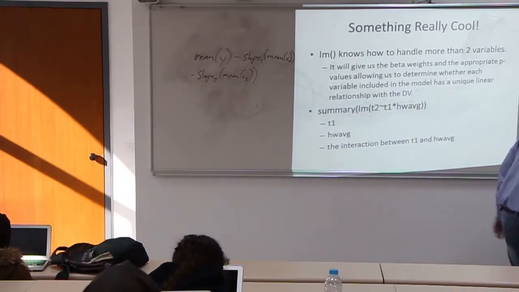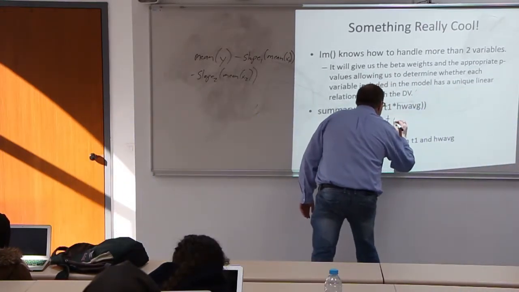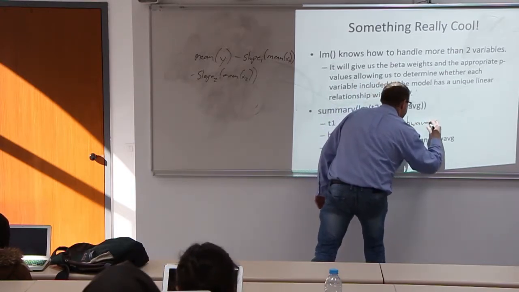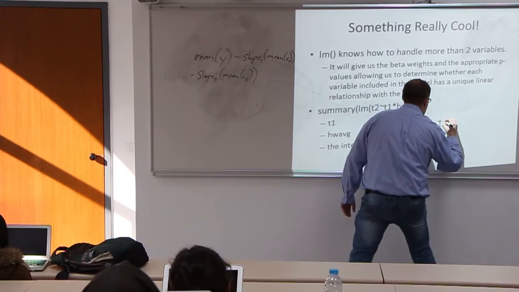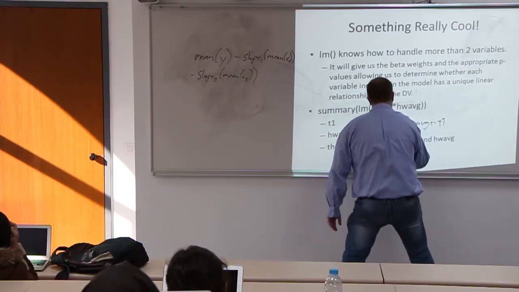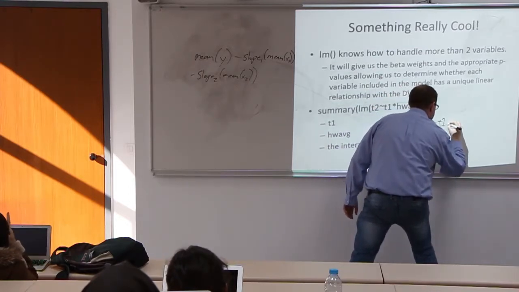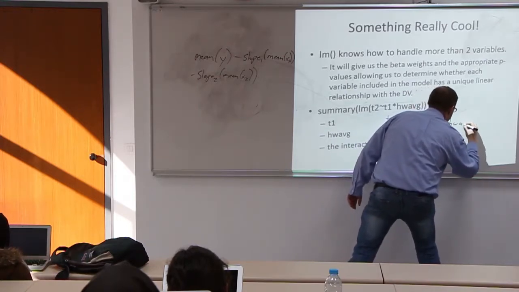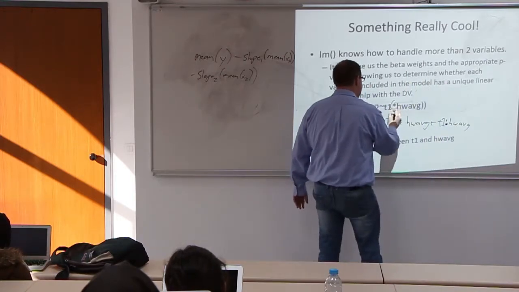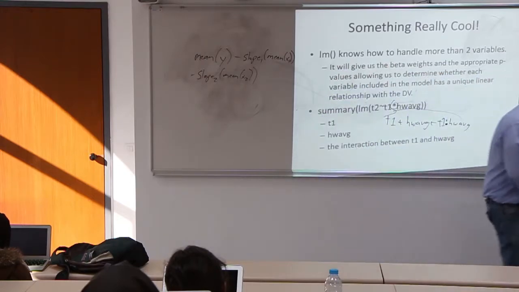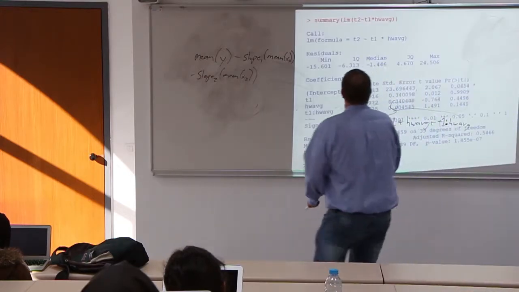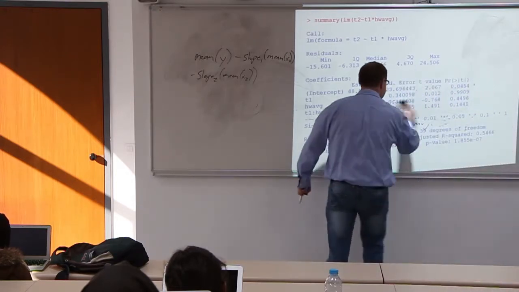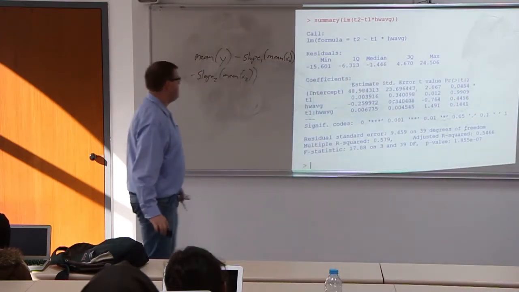We could say T1 plus homework average plus T1, sorry, those are 1s, colon homework average. But when we say this, it gives us all of this for us. Okay, so we should have something like this. You guys get this? Yes.